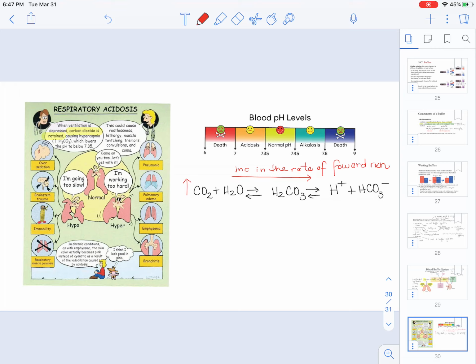So that means that overall we're going to be increasing the levels of H plus in the body. If you have an increase in H plus level, as we learned earlier when we defined what pH is, an increase in protons means that now we're under acidic conditions.